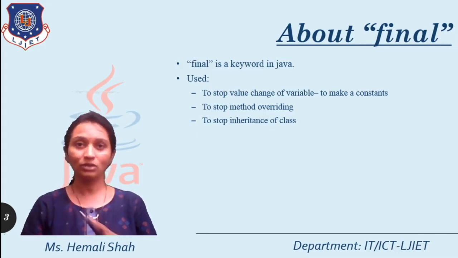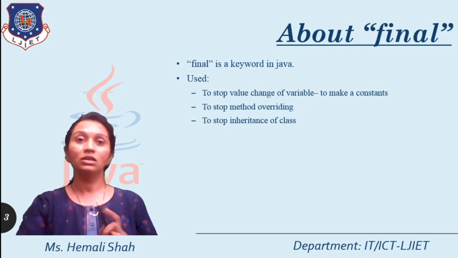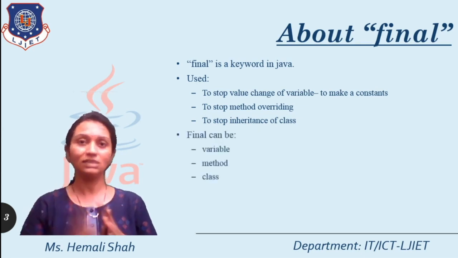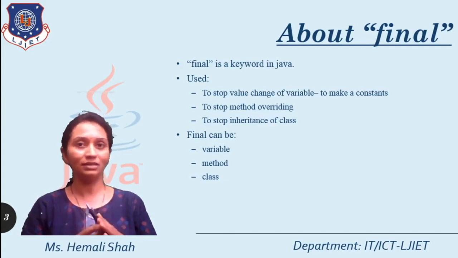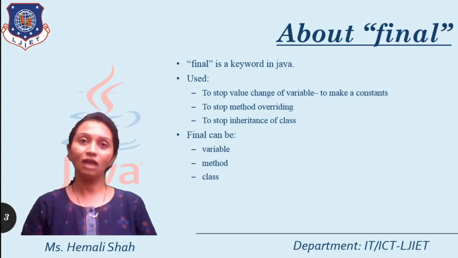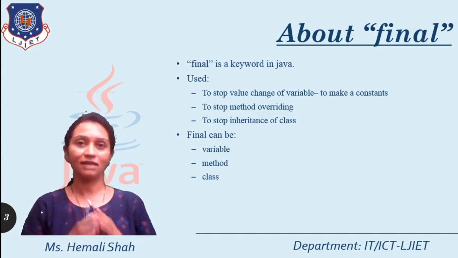It is used to stop inheritance. Now, how many things can you create as final in Java? You can create 3 things as final in Java. First is final variable. Second is final method. And third is final class.